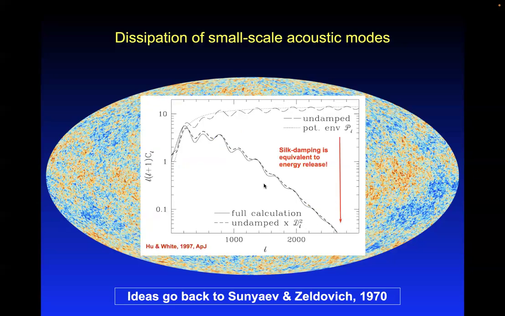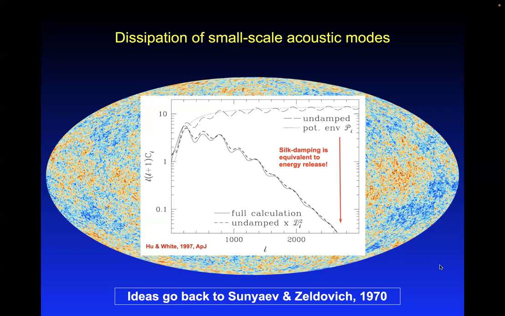If we were able to undo this damping process by just switching off the corresponding terms in our Boltzmann equations, as illustrated in this paper by Wayne Hu and Martin White, we would be expecting fluctuations that have Doppler peaks, but they would be unimpeded. And erasing these anisotropies is precisely what causes energy release.